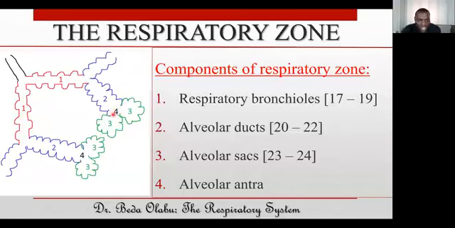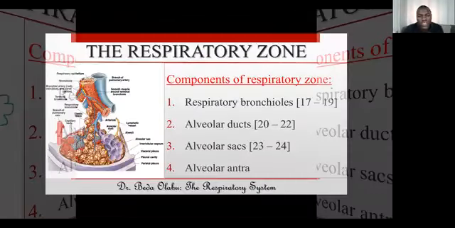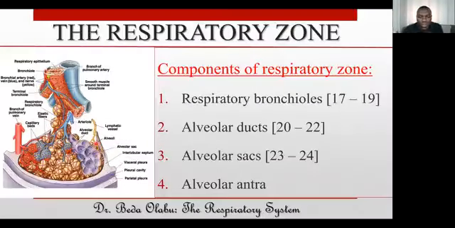So the alveolar antra are just junction points, a common communication between two or more alveolar sacs. These four are the components of the respiratory zone. They represent the functional units of the lung, regions where gas exchange can take place.